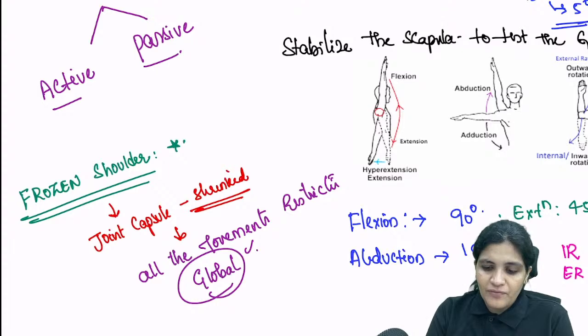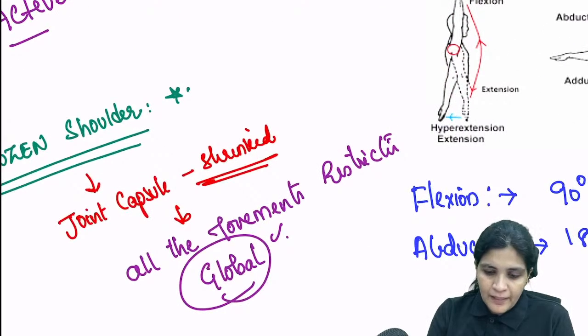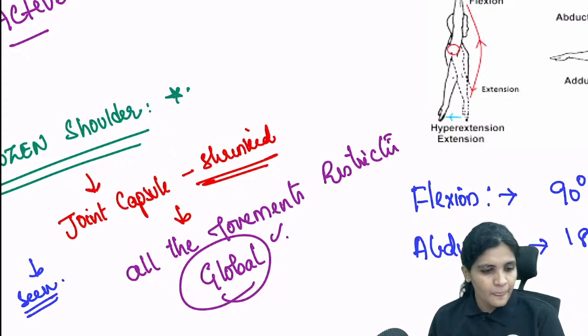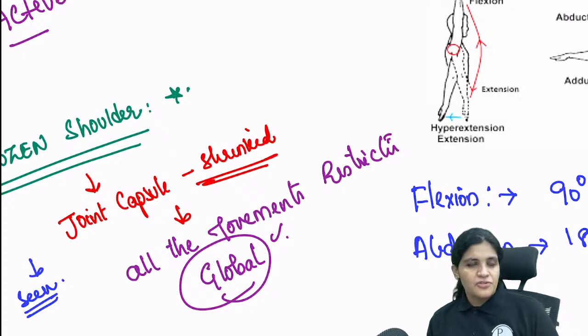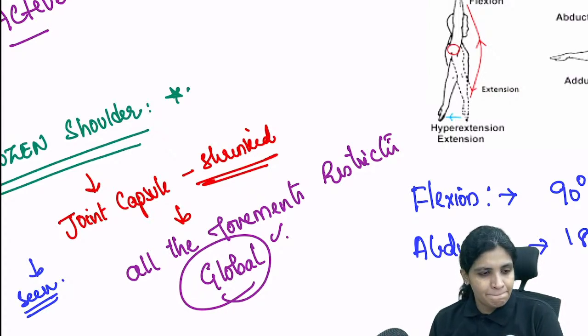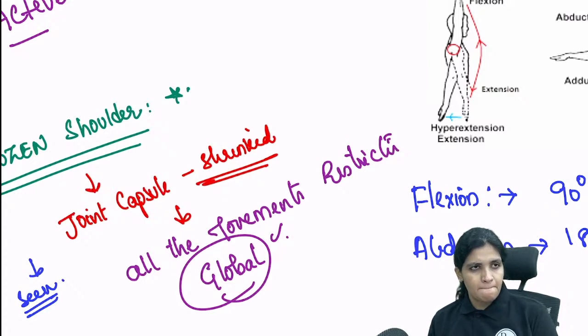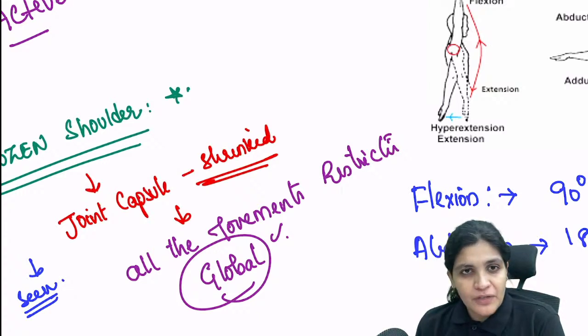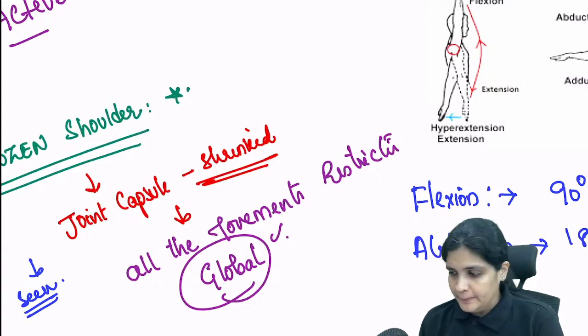So in whom do we usually see this frozen shoulder? Frozen shoulder is usually seen in, yes, come back now, answer. In which set of patients do we usually see this frozen shoulder?